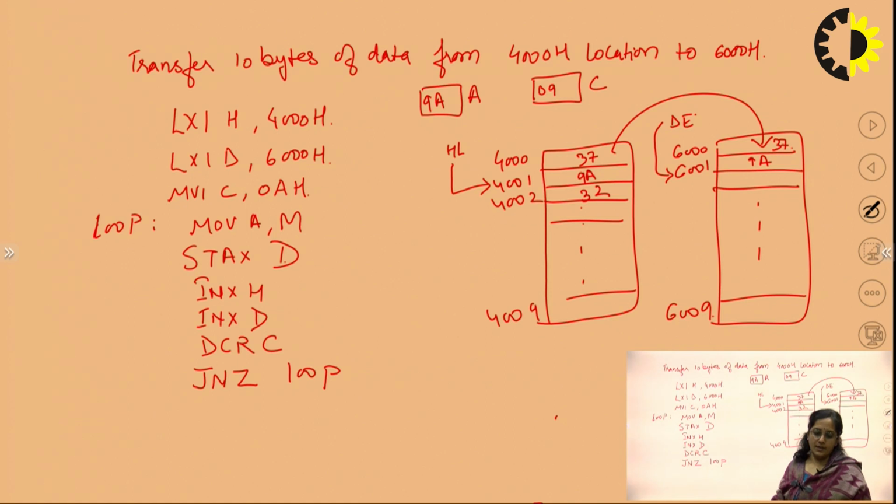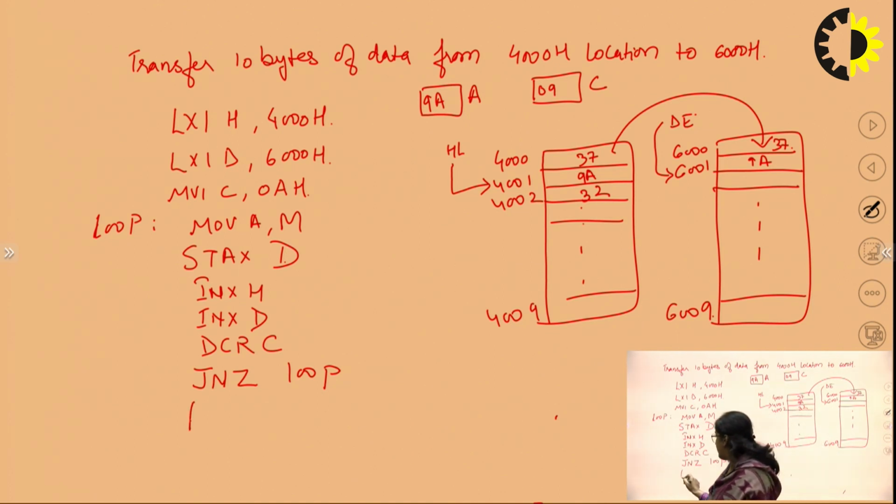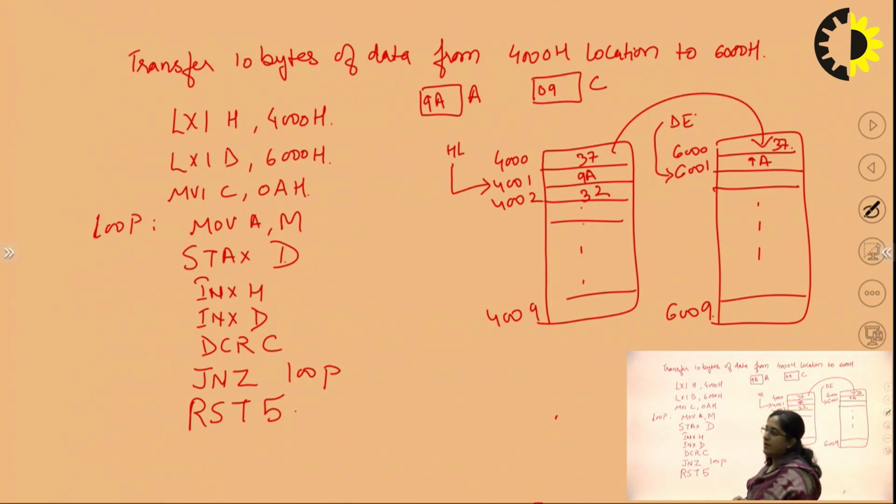Now this loop will be executed, and once the 10 data bytes are transferred from 4000 location to 6000 location, the DCR C, decrement C, reaches 0, the loop comes out, the program counter will be out of this loop, and we will stop the program, that is RST 5.